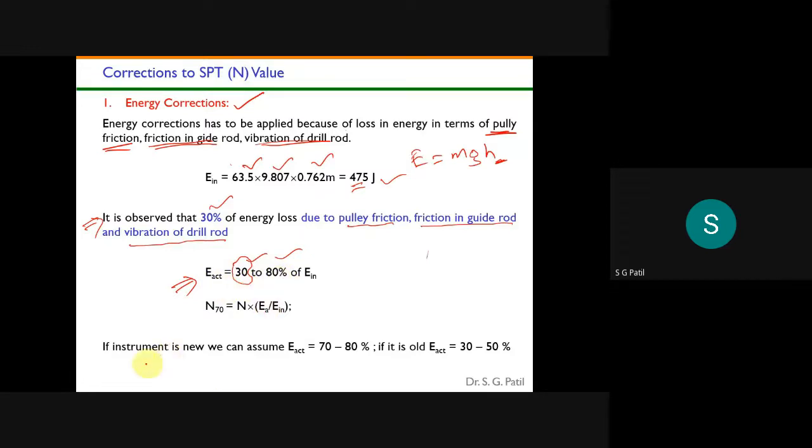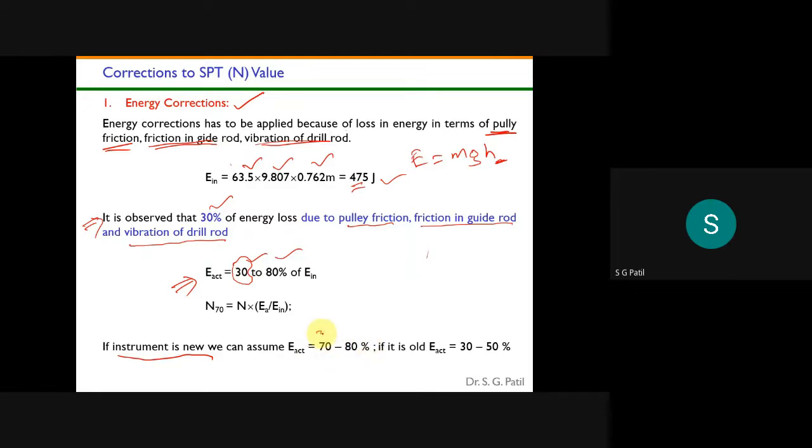Usually, if you perform this test according to the IS code, or if you hire some very well reputed companies, they will have very new instruments. If you have a new instrument, the energy loss will be very less, maybe 30% or 20%.